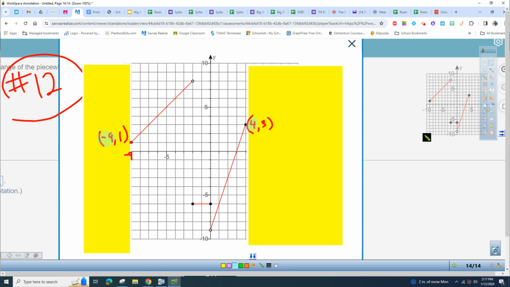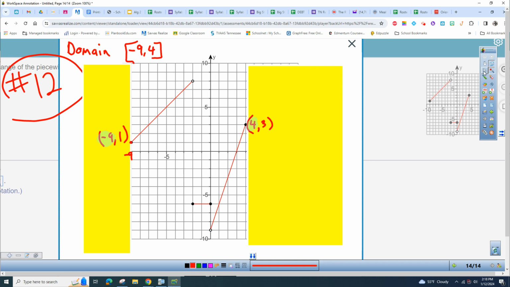And these are squared off brackets. Okay, so while these are points, the actual domain is going to be -9 to 4. And those are going to be included because those are closed dots. Those are closed dots. All right.